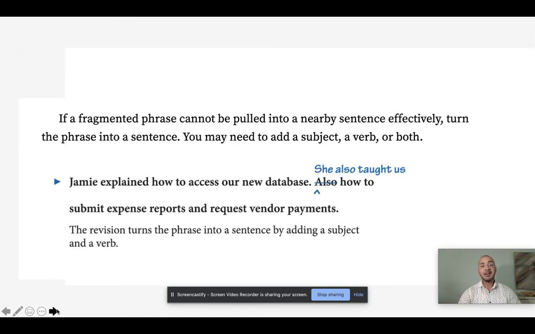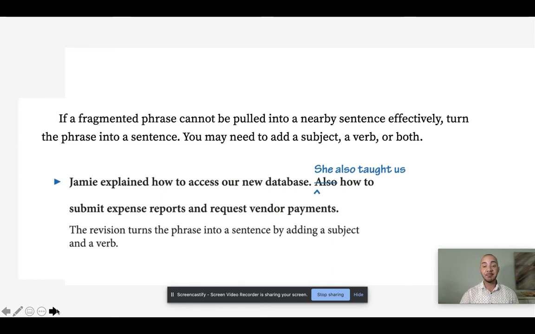If a fragmented phrase cannot be pulled into a nearby sentence effectively, we can turn that phrase into a sentence, and we can usually do that by adding what's missing. We're going to add a subject, we're going to add a verb, or both if they're both missing. So let's take a look at the example on the screen now. "Jamie explained how to access our new database. Also how to submit expense reports and request vendor payments."